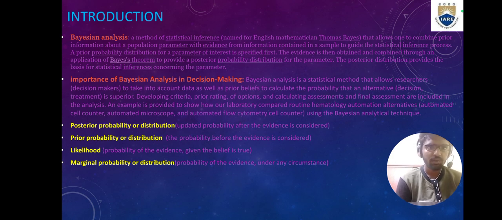Application of Bayes' theorem provides the posterior probability for the parameter. The posterior distribution provides the basis for statistical inference concerning the parameter.